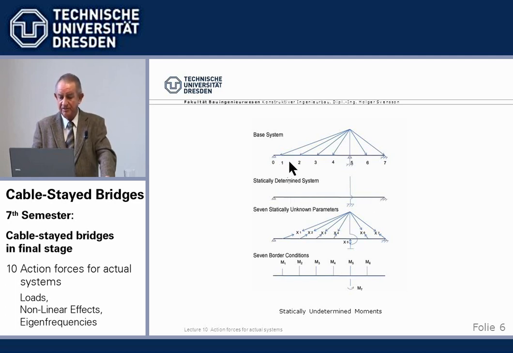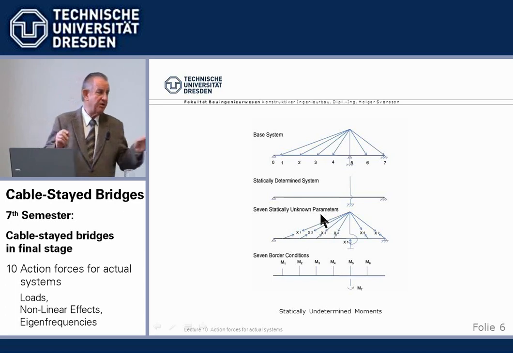So we have 4, 5, 6 stay cables, which are statically indeterminate, plus the pier support. Those are our statically indeterminates. We can cut the cables and remove the support. So we have a system with 7 statically unknowns.